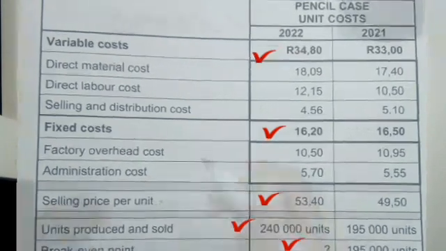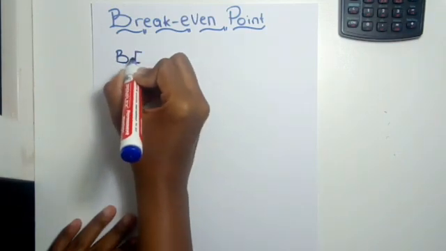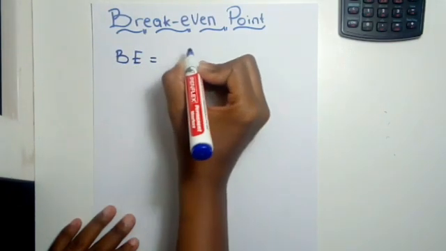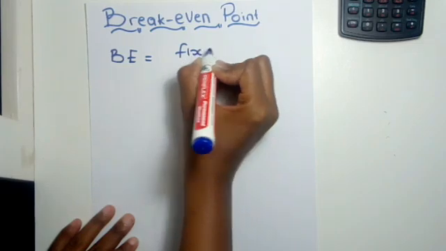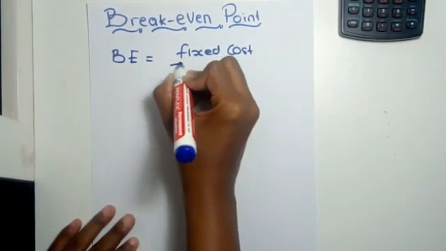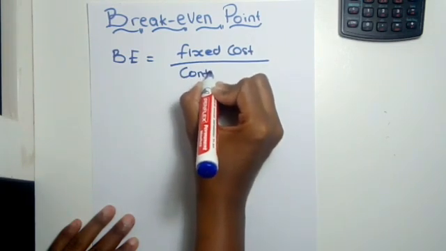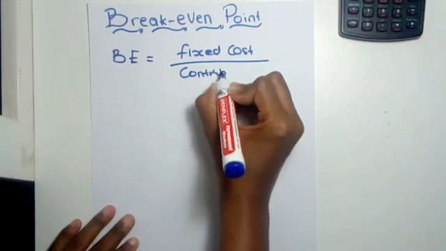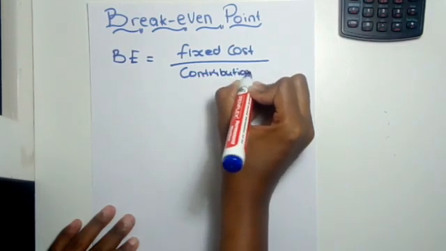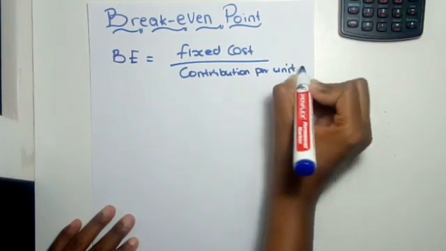So to calculate break-even point, we know that break-even point has a formula that says break-even is equals to fixed cost all over contribution per unit.